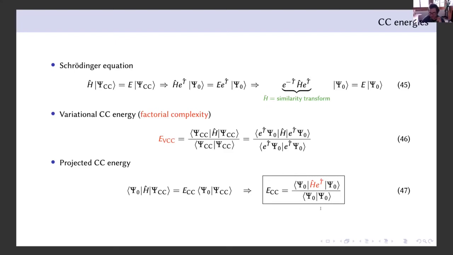That definition is nice because the overlap of psi 0 with itself is equal to 1 usually, so you can normalize it very easily. And that expression is going to truncate very, very fast, and all the power of coupled cluster is here. You don't have to compute an infinite number of terms to get the energy. It does truncate, and that's how usually we compute the coupled cluster energy.